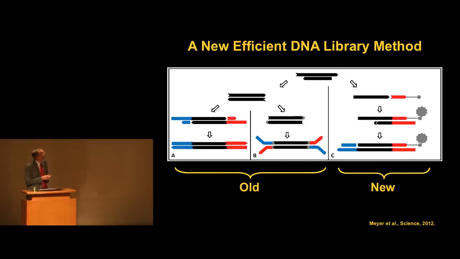And we had by that time developed a much more sensitive way to make DNA libraries from old remains that relies on separating the two DNA strands and then make a library from these single strands. So each double-stranded DNA molecule has two chances to make it into the library, one from each strand, so to say.